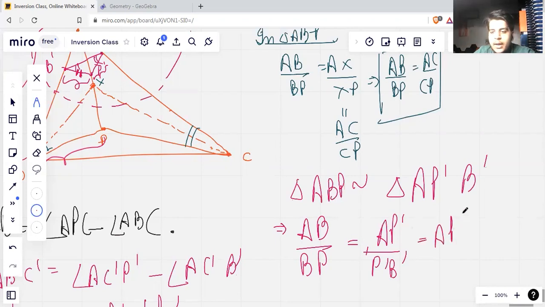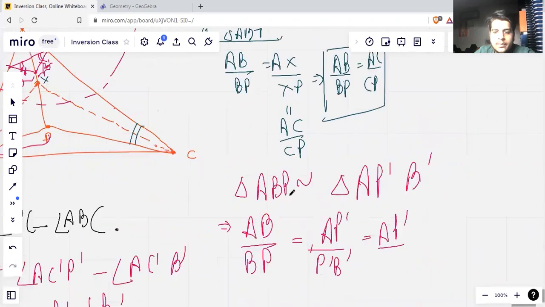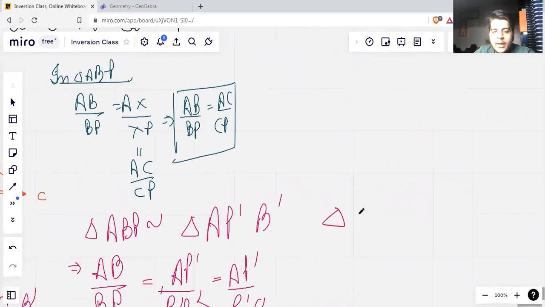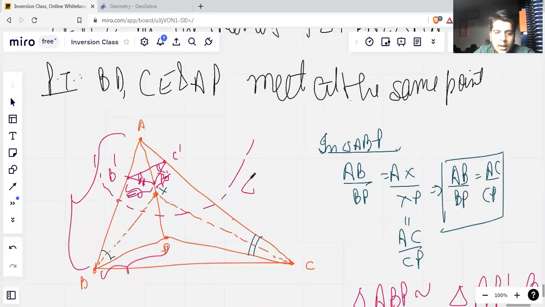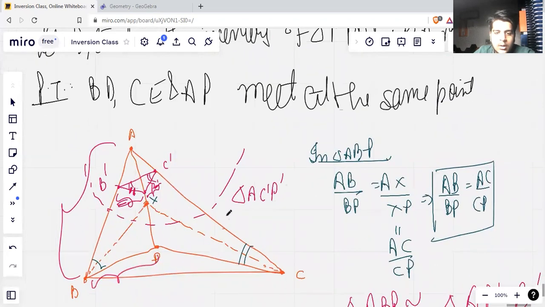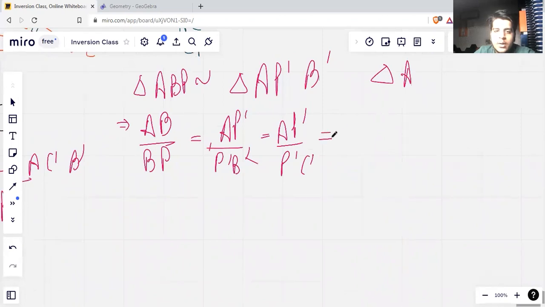This is equal to AP dash by, what is P dash B dash? P dash B dash is just equal to P dash C dash. Also similarly, you can see from here, triangle AC dash P dash is similar to triangle APC, which means AP dash by P dash C dash will be equal to AC by CP. This is what we wanted to prove.